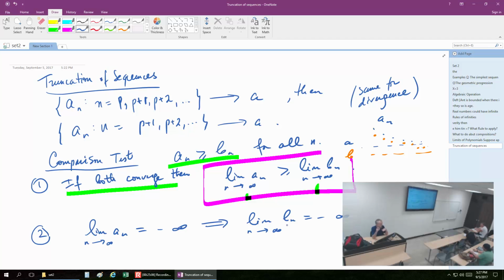The trend is going towards negative infinity like this, then b_n being below a_n will end up in the same place. On the other hand, if b_n goes to positive infinity, then a_n goes to positive infinity too. A very convenient conclusion.